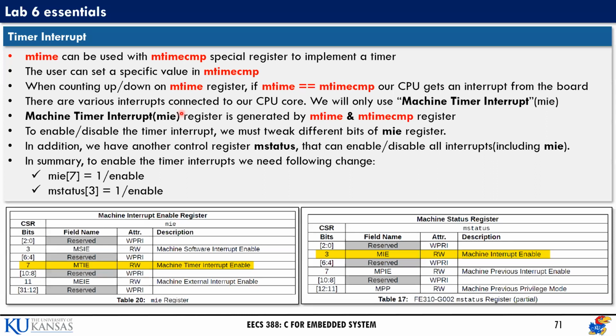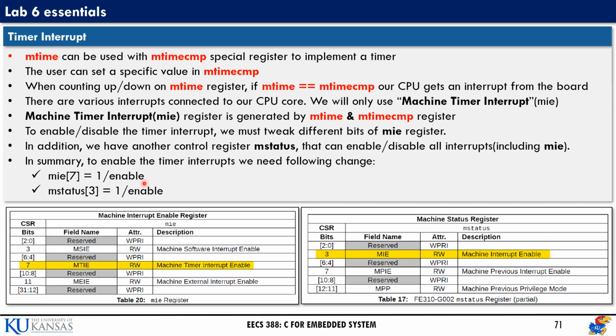And there are various interrupts connected to our CPU core, but this time we'll only use the MIE, that is, machine timer interrupt. This MIE register is generated by the M time and M time compare registers, straightforward. Now, to enable the timer interrupt, we must tweak different bits of the MIE register, right?